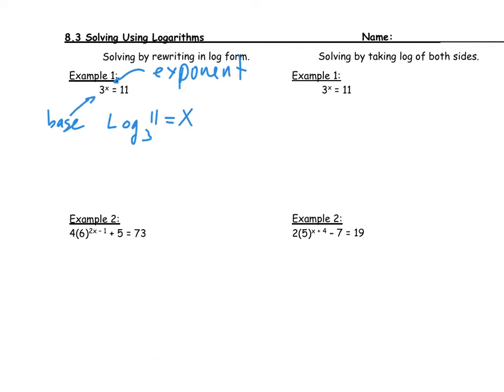And then you can use your calculator and pull up your logarithm. So we're going to go in here and go into function again and hit that log base A button right there.